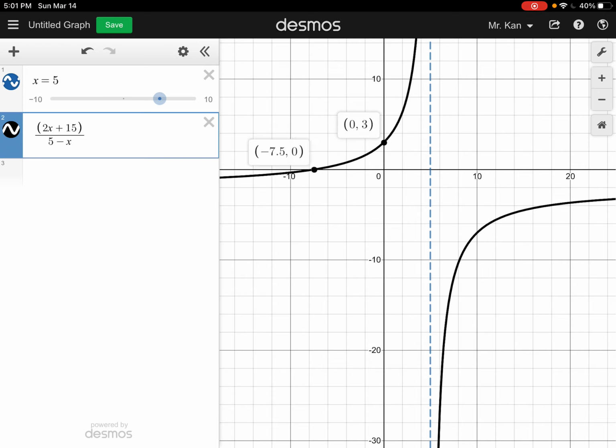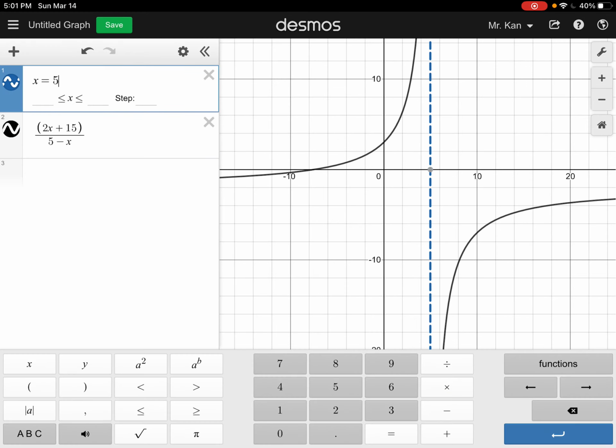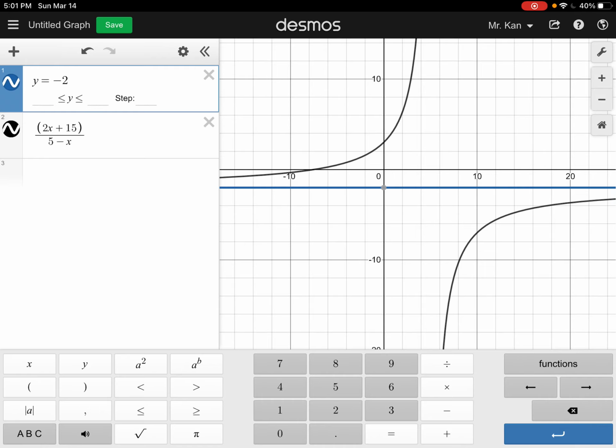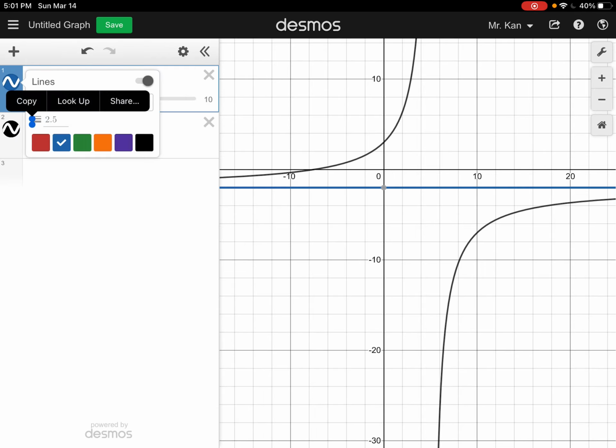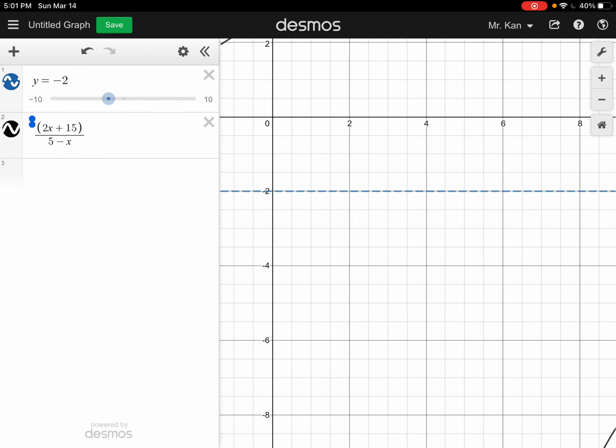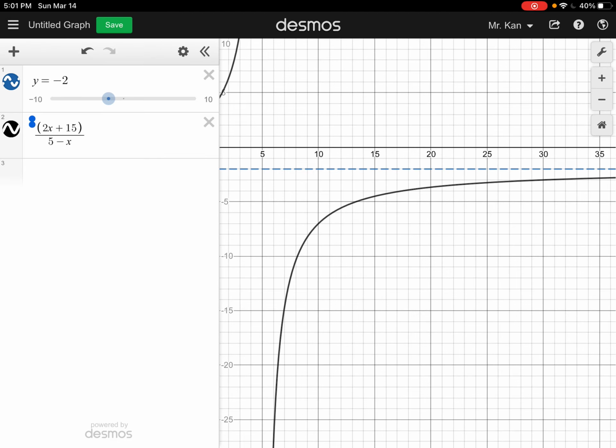You can see that vertical asymptote, and I will now change this to say y equals -2, and make this a dotted line again. Notice this is a separate line because it's not part of the original curve. This is the horizontal asymptote.